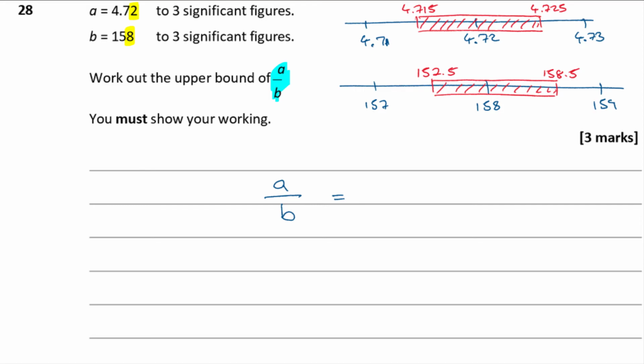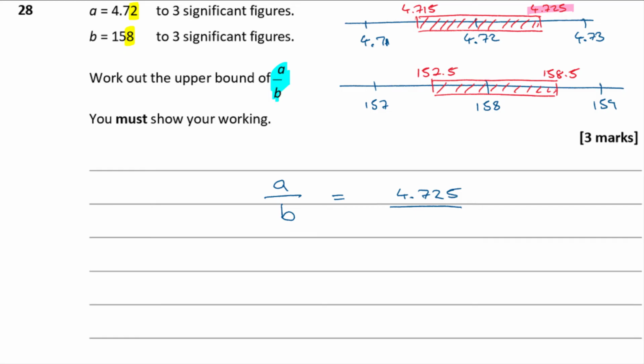Now to get that as big as possible, I'm going to pick the biggest value of A that I can, which is that one, isn't it? Okay, I'm going to pick my biggest A, which is 4.725. And I'm going to divide it by, now, do I want the biggest or the smallest value of B?